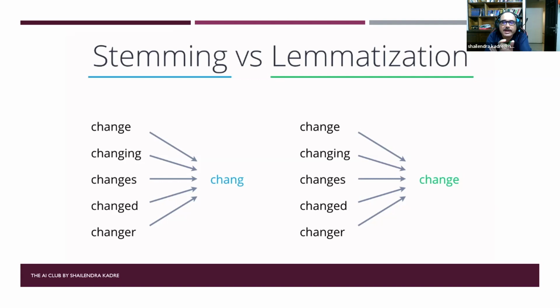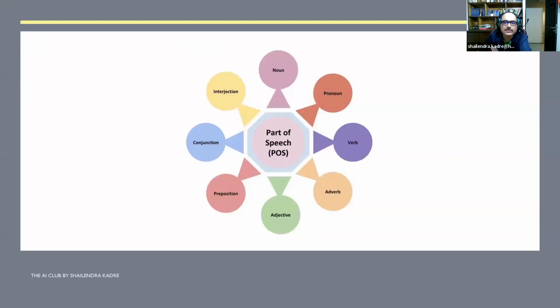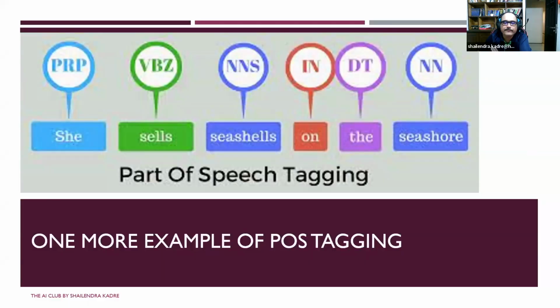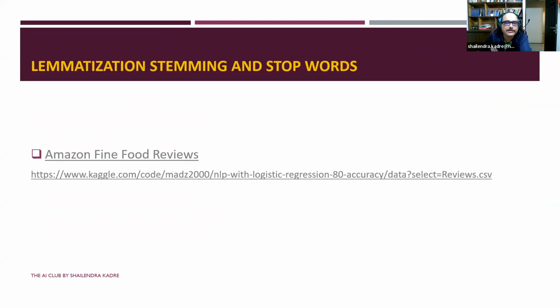Chang has no meaning in English, so that is called a stem. It is coming from the stemming process. And the lemma is change, which is coming from the lemmatization process. So that is the difference. That's what I wanted to cover today, and it was a revision of this particular lecture.